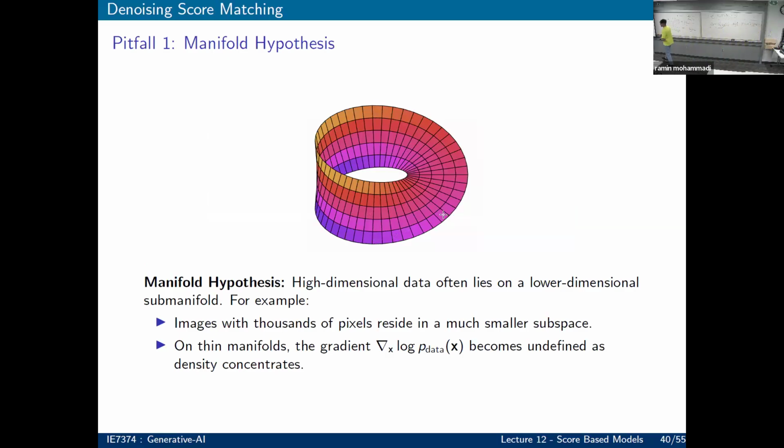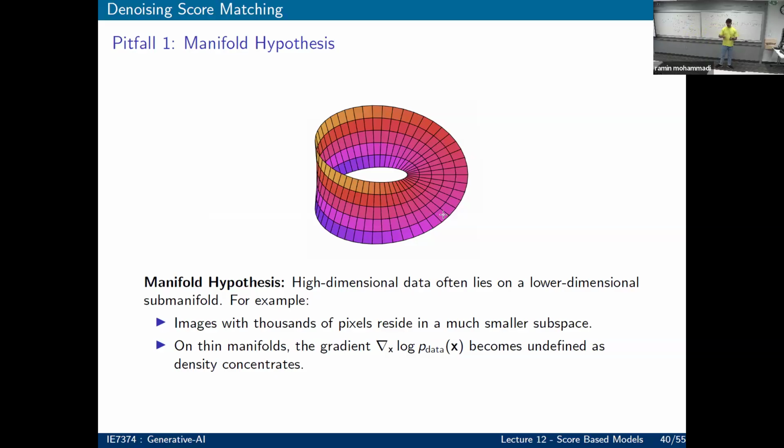Remember in the CNN class, we talked about this tangent manifold space. The idea was that if you think about an image, when you look at your image, it has a really high dimension, in the thousands or millions, depending on the size of the image. But in reality, an image has a much lower real, intrinsic dimension.